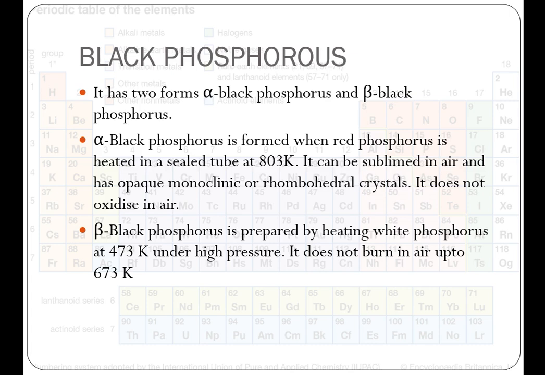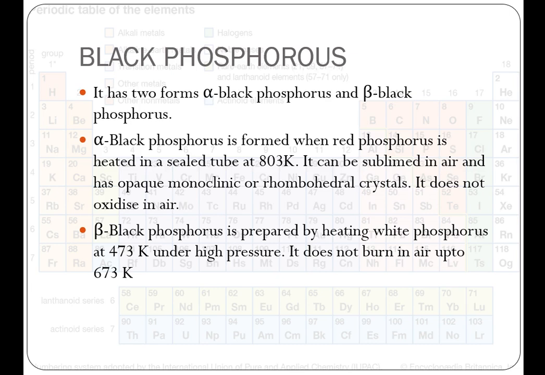It can be sublimed in air and has opaque monoclinic or rhombohedral crystals. Beta black phosphorus is prepared by heating white phosphorus at 473 Kelvin under high pressure. It does not burn in air up to 673 Kelvin.